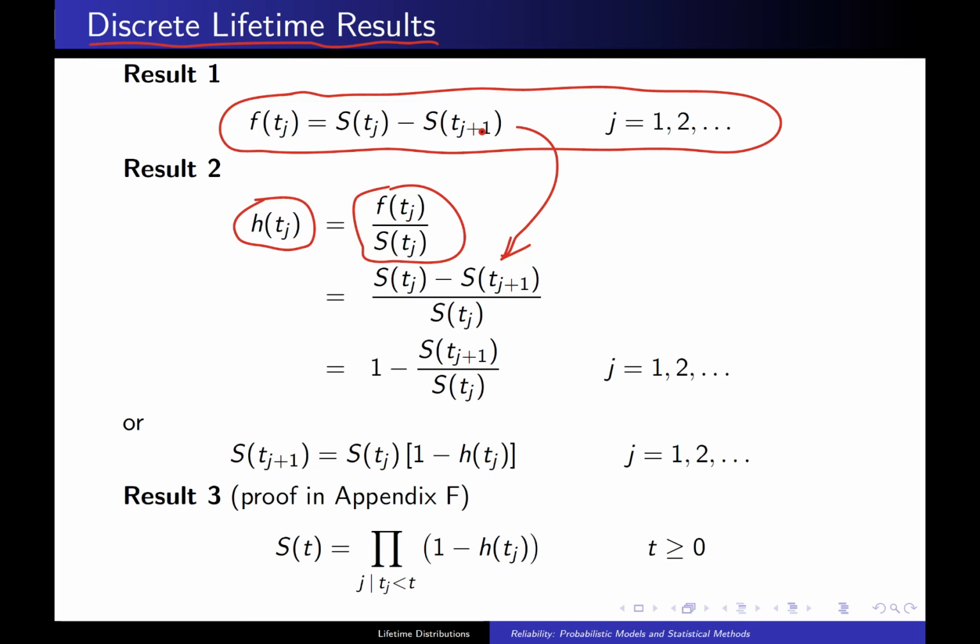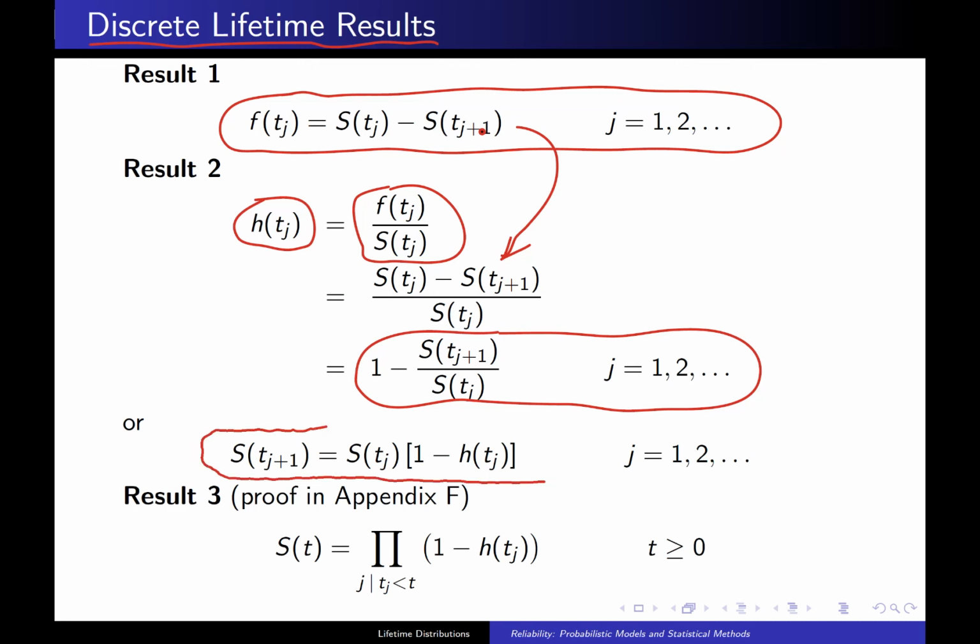Now we have a hazard function written entirely in terms of the survivor function. If you want to simplify this a little bit, you can see S of tj divided by S of tj is 1, and you get this expression right here. If you go ahead and solve that expression for S of tj plus 1, this can also be written in this fashion right here.